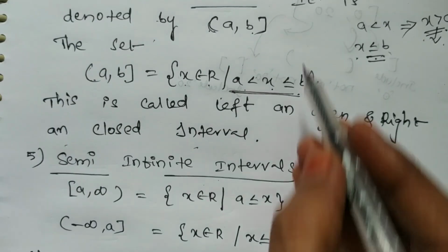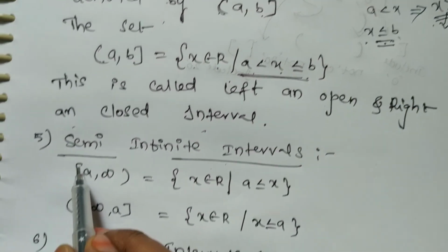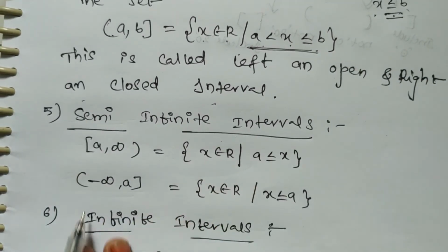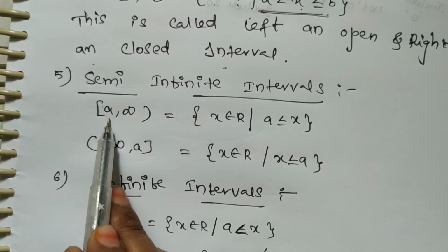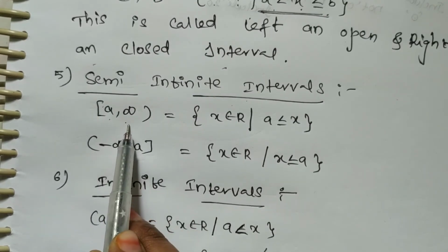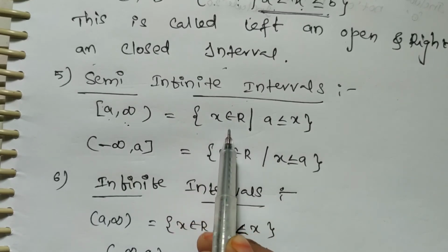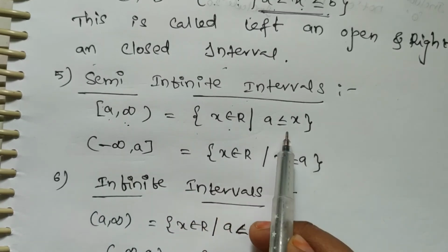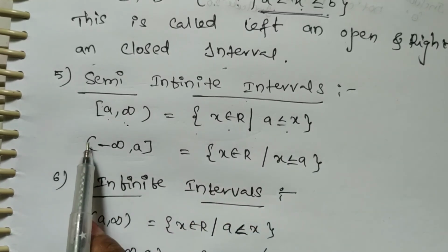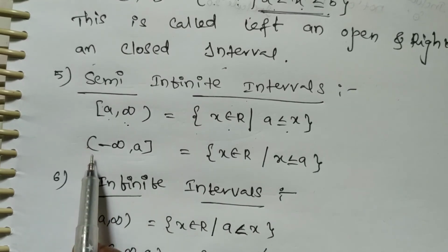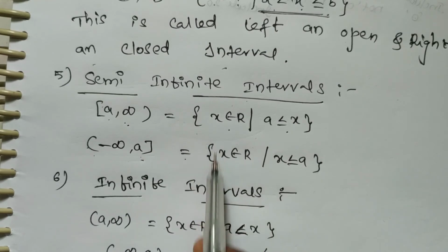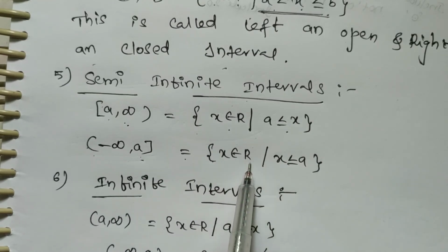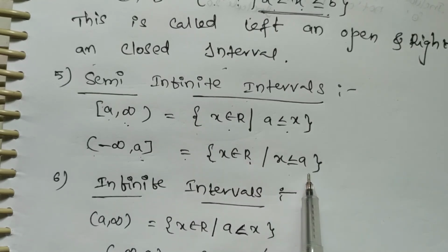Next are the semi-infinite intervals. Closed a comma infinity, [a, ∞), is written as x belongs to R, a less than or equal to x. The next one is (-∞, a], so the set can be written as x belongs to R such that x less than or equal to a.